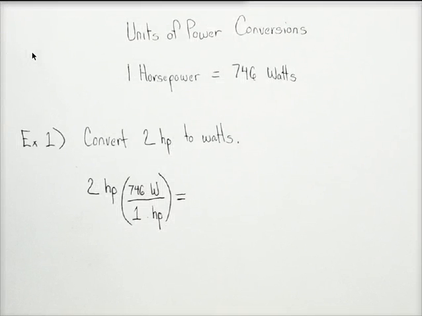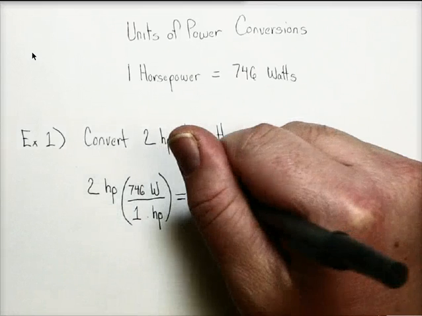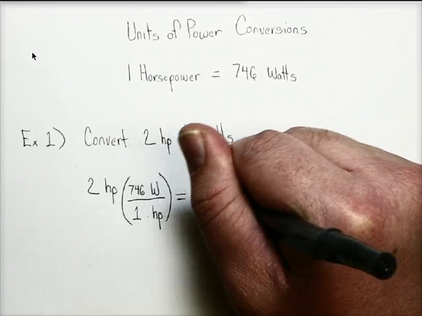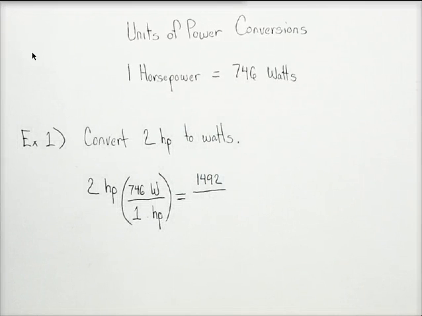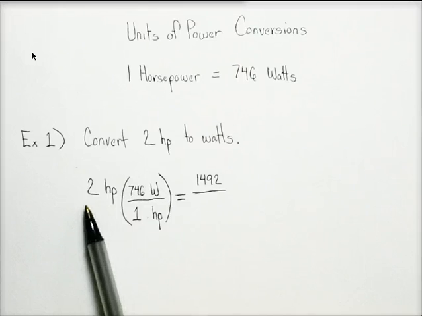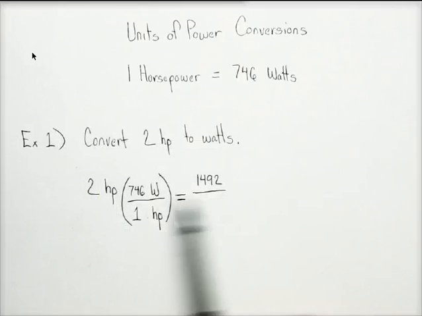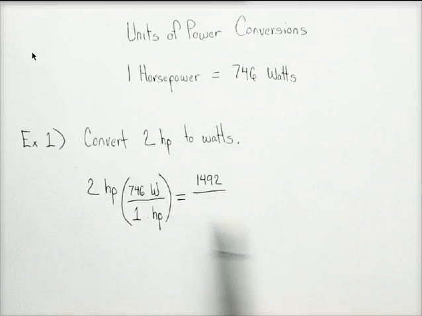So I have to do 2 times 746, so that's 1,492, divided by, I guess I should stop here and tell you exactly what I'm doing. I take all the numbers that are in the top, so the 2 and the 746, and just multiply them all together. If I had more things up here, I would just multiply them all together.